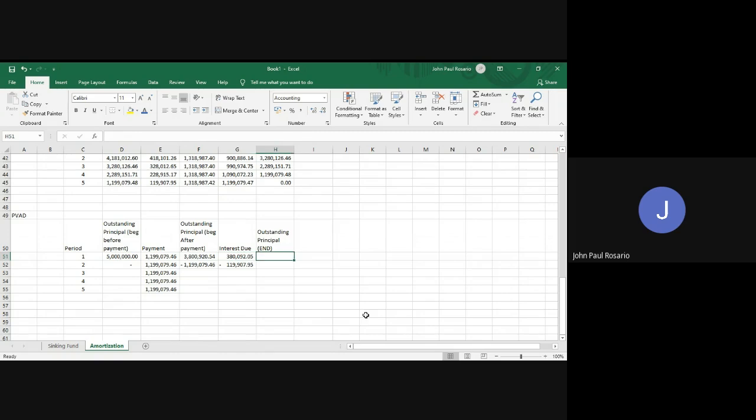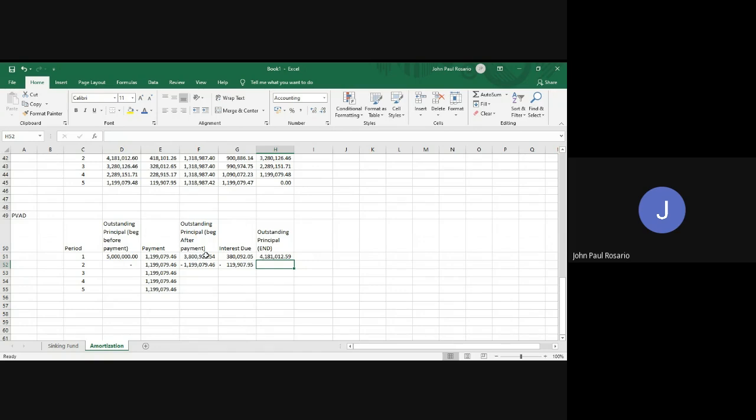Now remember that at the end of the period this interest due is not paid, because the payment is only at the next period. So with that, your new outstanding principal would be the outstanding principal at the beginning, and then you now add your interest due.